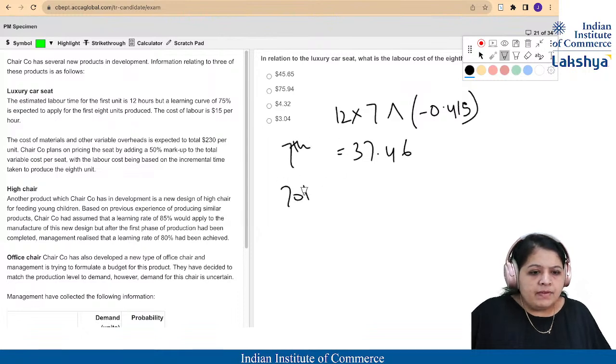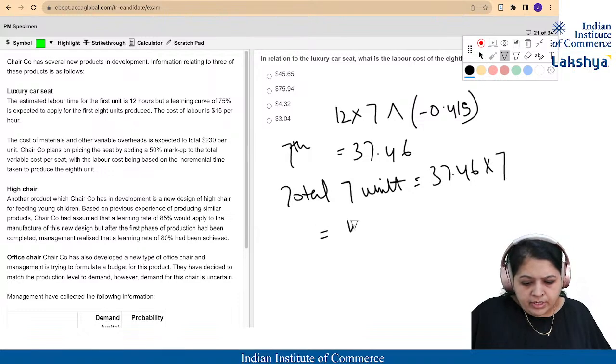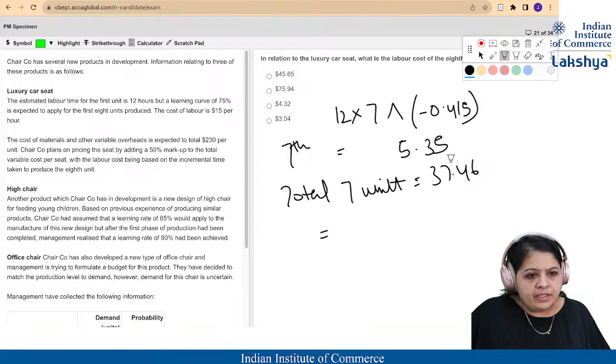For total 7 units, 5.35 into 7 you will do, right? And you'll get 37.46.